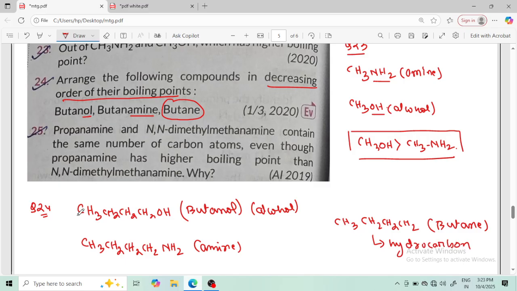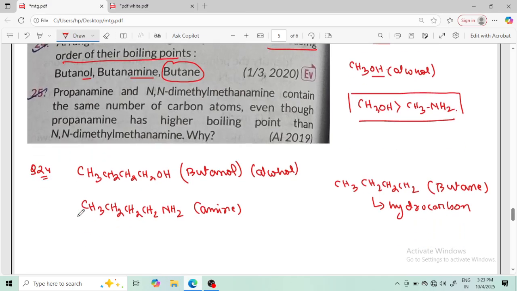Now as per the second rule that I have explained, I know that butanol will have more boiling point than butanamine. And then lastly we have this hydrocarbon. Again I am saying any compound that is mainly made up of carbon and hydrogen is called a hydrocarbon, as per the relation that I have given under the boiling point section.